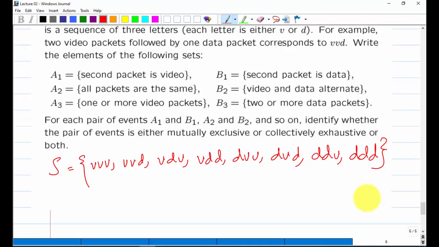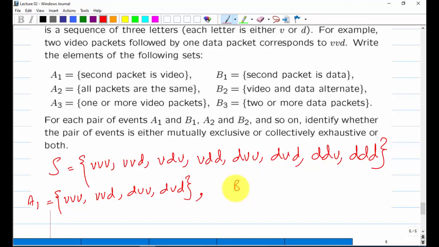Now it says that what is A1. So A1 says that second packet is video. We don't bother about what is the other, but we have to look for the second packet is video. VVV, VVD, DVV, DVD. That's it.